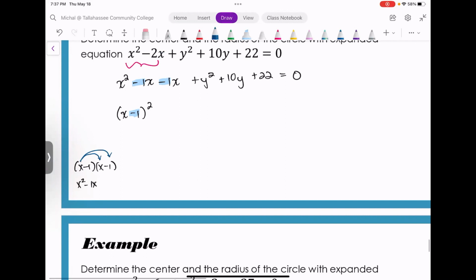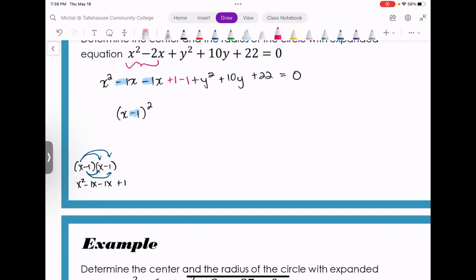And then I get negative 1 times x and negative 1 times negative 1. So this plus 1 comes from the negative 1 times negative 1. So I didn't have that term of plus 1 in my original equation. So I'm both going to add it and subtract it.